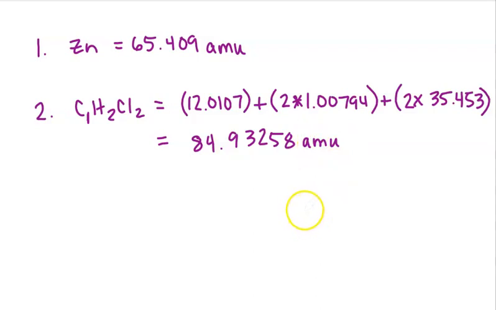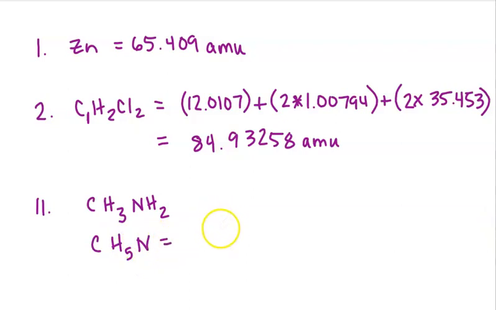Okay. So then we'll go ahead and flip the page, and let's do that evil one on number 11 together. Okay, so that's going to be CH3 and NH2. Okay, and I'm noticing right away on here I've got 1 carbon and I've got 5 hydrogens. So I'm just going to rewrite this for myself here so that I am set up for better success here.